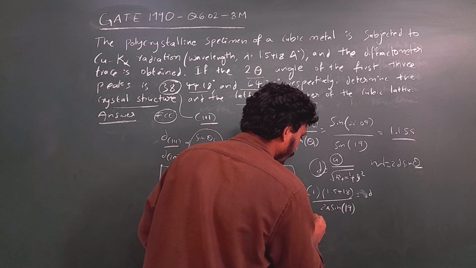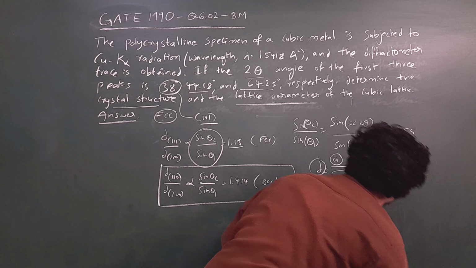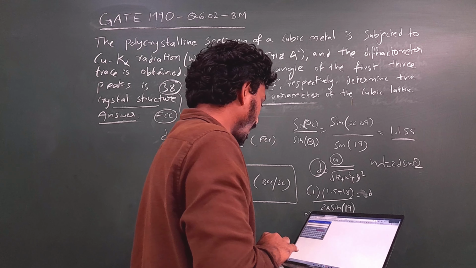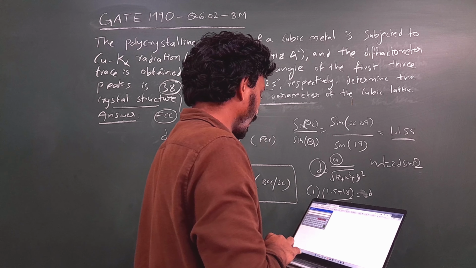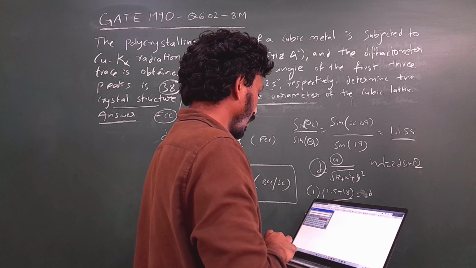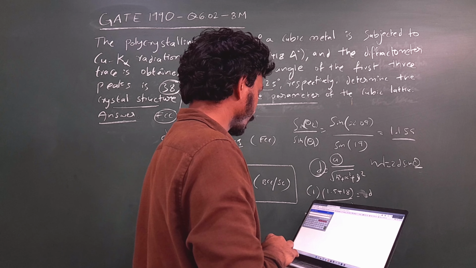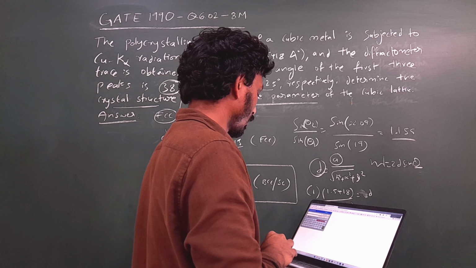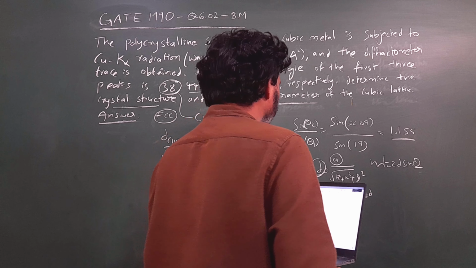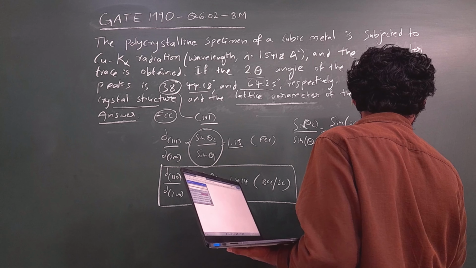If you simplify this, 1.5418 by 2 and by sin 19, the value is 2.367. The d value is 2.367 angstroms.